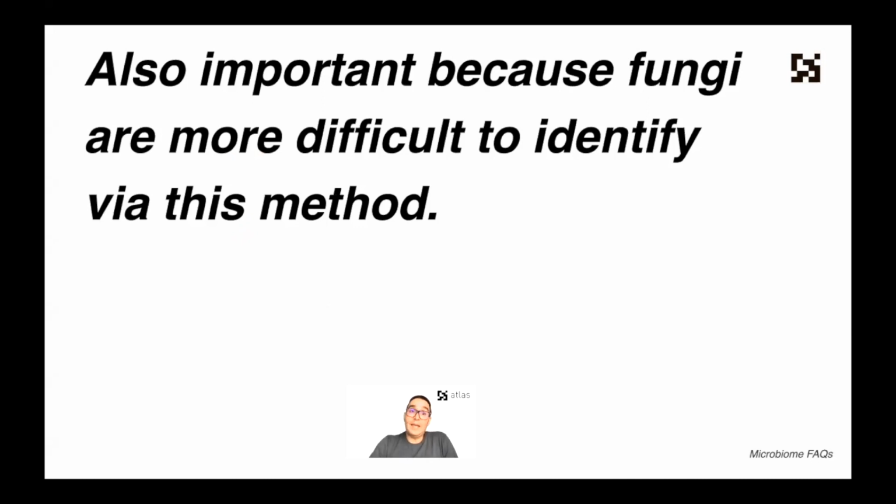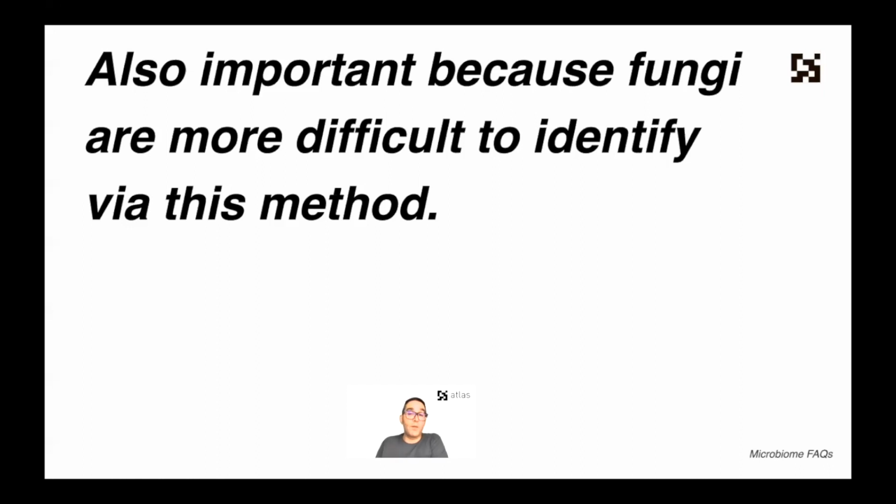But then again, it's important because fungi, for example, are a lot more difficult to identify. They lack those characteristic ears or nose or hairline or hair color that you could say, oh, I recognize that person immediately when you see them on the telly. If you transpose that to microbiology and trying to identify a microbe, fungi are a lot more difficult to identify via this method.